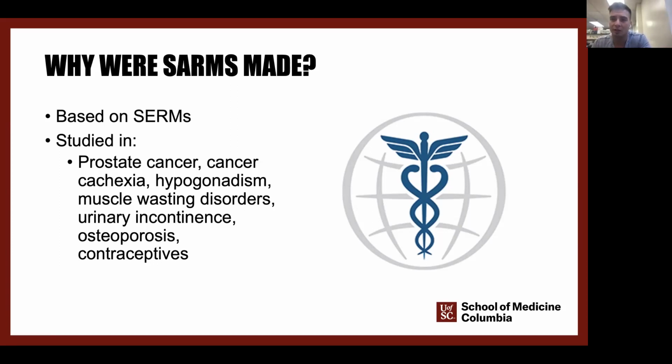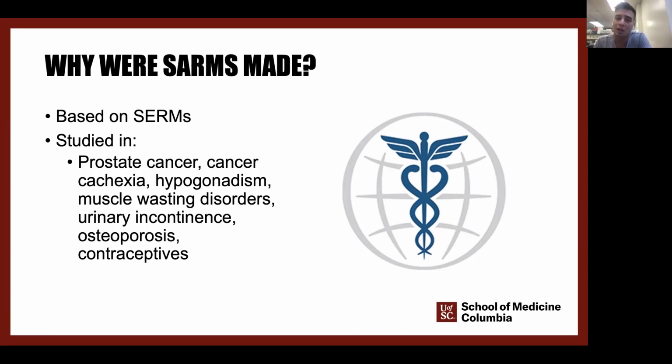Now, in the context of medicine, SARMs have been manufactured for the treatment of prostate cancer, cancer cachexia, hypogonadism, a variety of muscle wasting disorders, oral contraceptive use, and osteoporosis, right? And this is all due to their tissue selective nature.